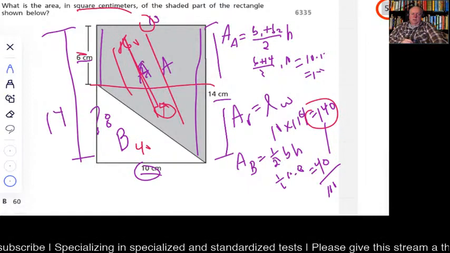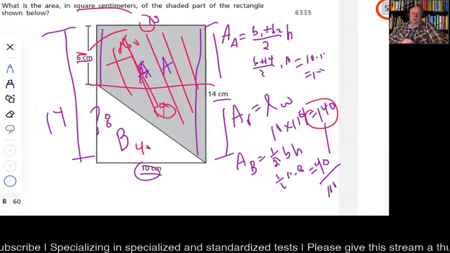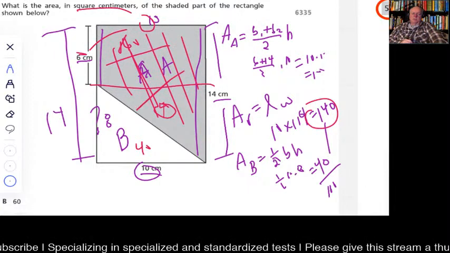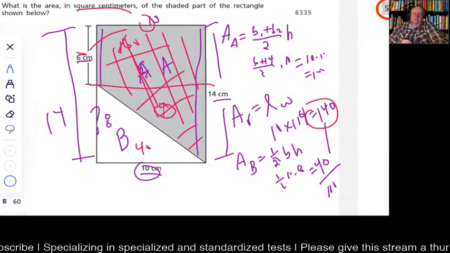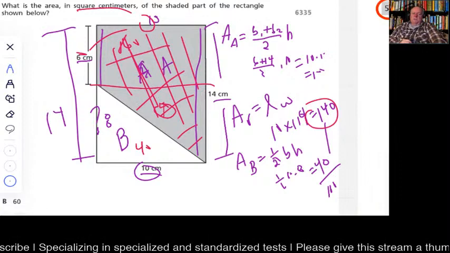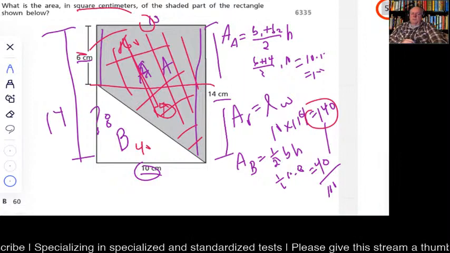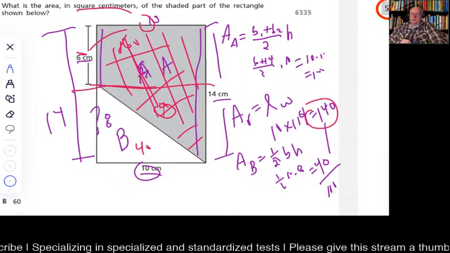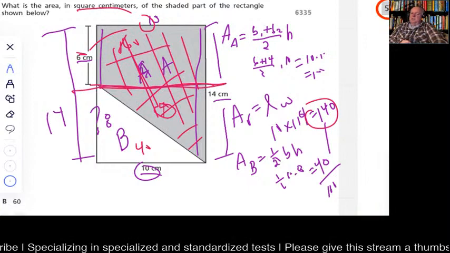You should be able to just visibly know, even though they don't draw these things to scale all the time in a lot of tests or questions from your teachers, isn't most of the area shaded in here? Can't you tell automatically, especially if I draw this line like here, that more than half of the thing is shaded in?